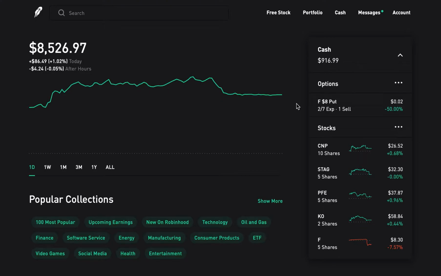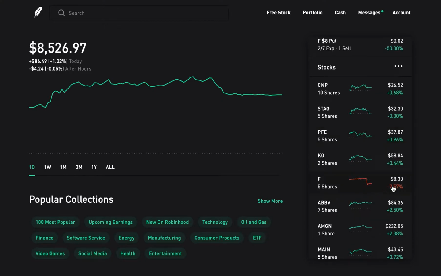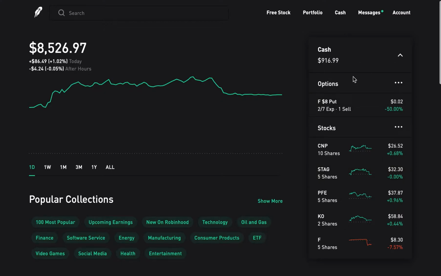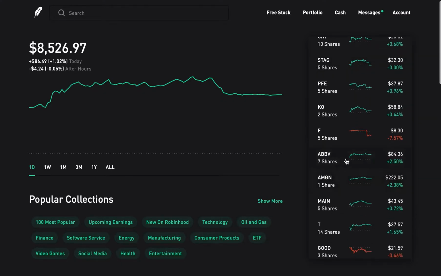So each option controls 100 shares of whatever stock that you choose. So here is an example. I chose Ford because Ford is selling at $8.30 a share. I don't have that much capital in here. I only have about $1,500 in liquid cash.